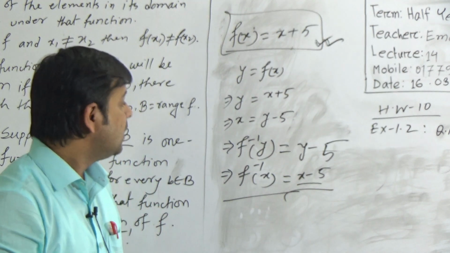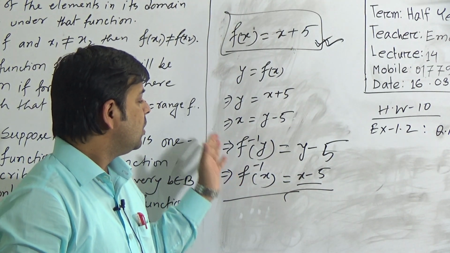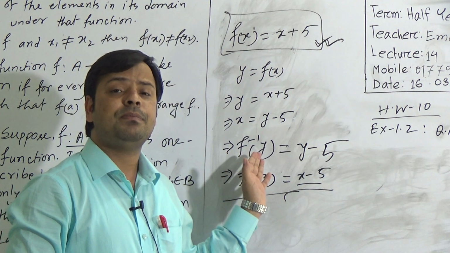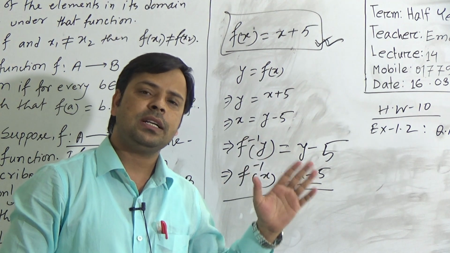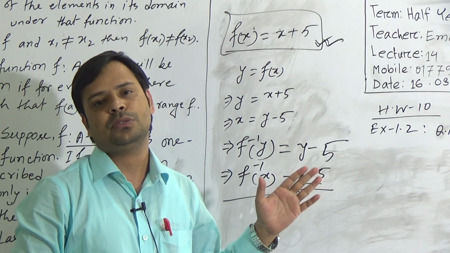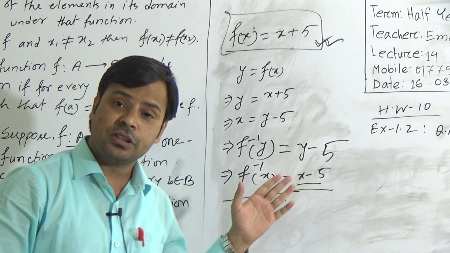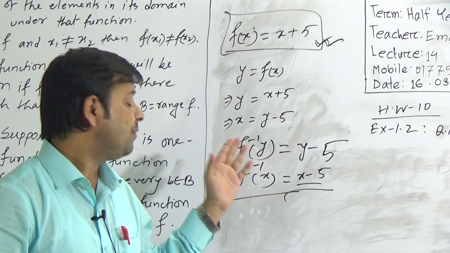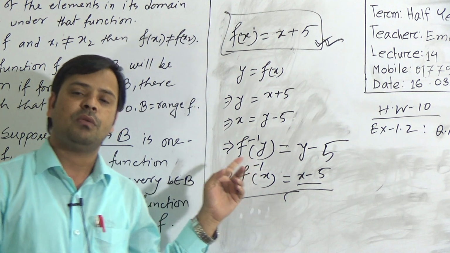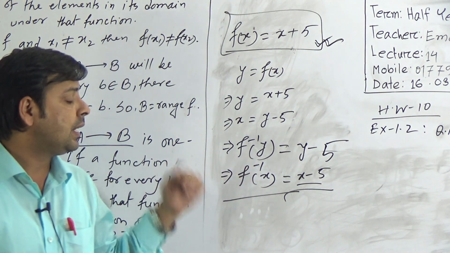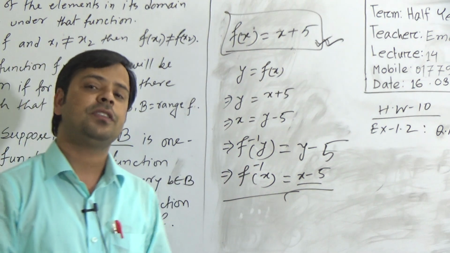It means that the function must have an inverse function when it is one-one and onto. If any function satisfies these two conditions, if the function is one-one and onto, then we will get the inverse function of that function.